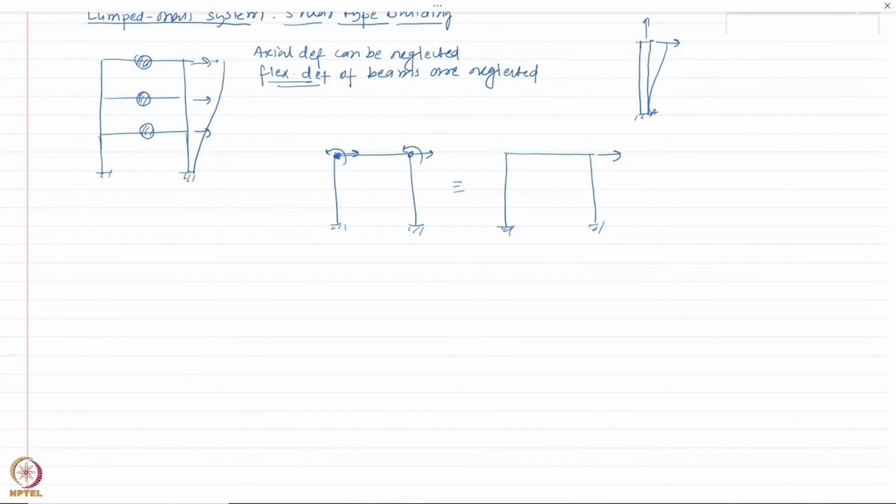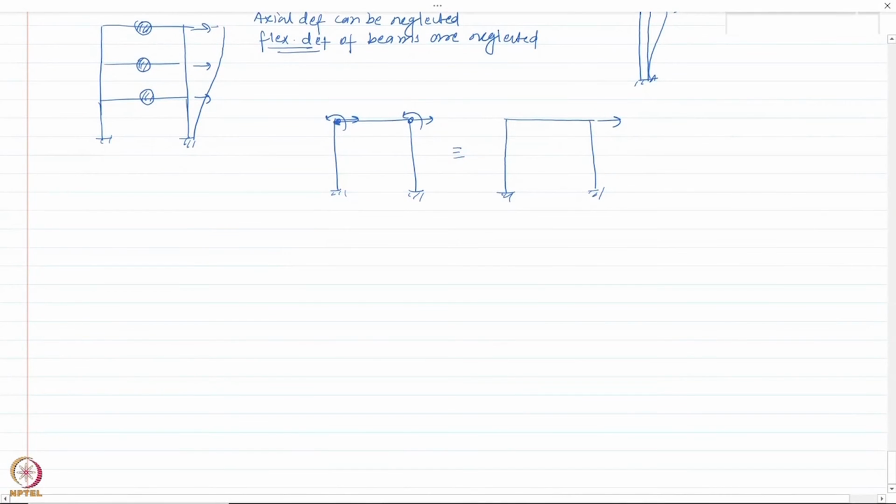So I'm going to employ the same method that I did for the continuous system. If somehow I can predict what this deflected shape looks like, then I would be able to reduce this system to a single degree of freedom system with K equivalent and M equivalent, and then again I can do my job.